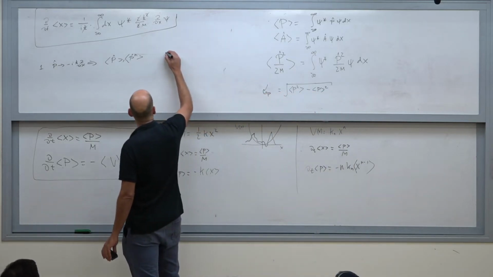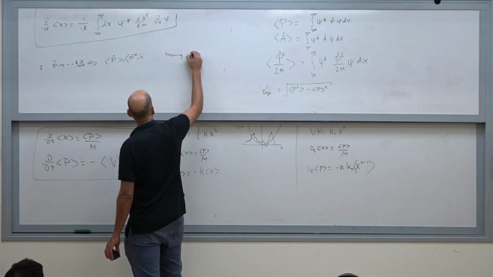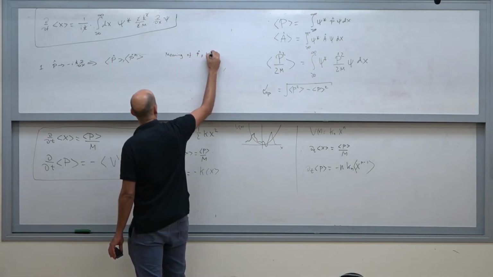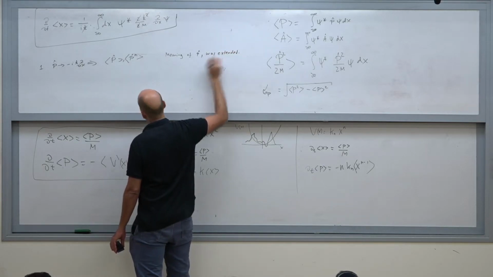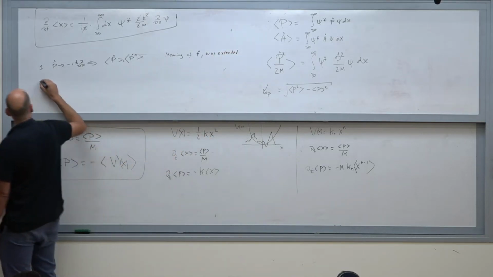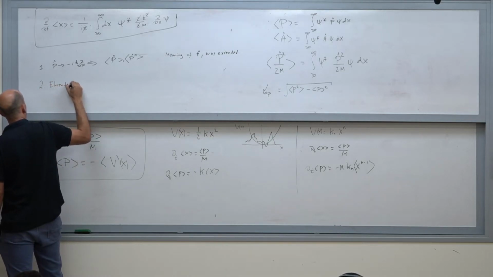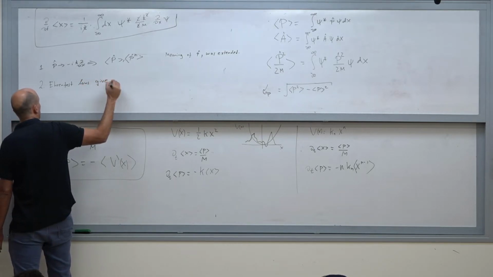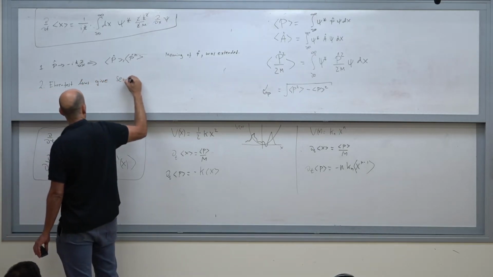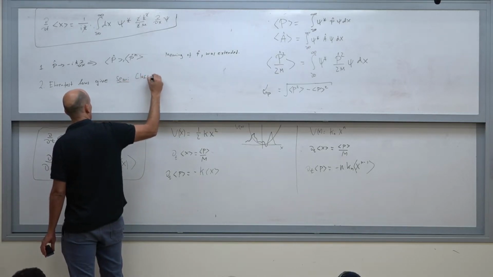So the meaning of this operator was extended now. I know how to calculate the averages, and Ehrenfest's laws give what I call semi-classical laws, that's nearly classical, but not exactly classical.